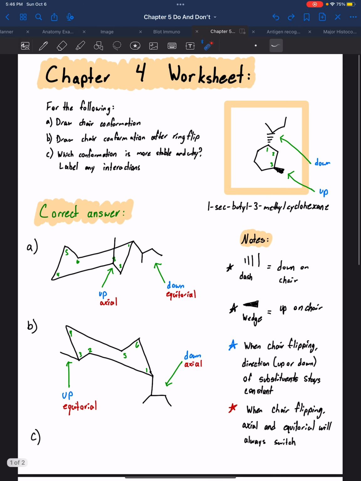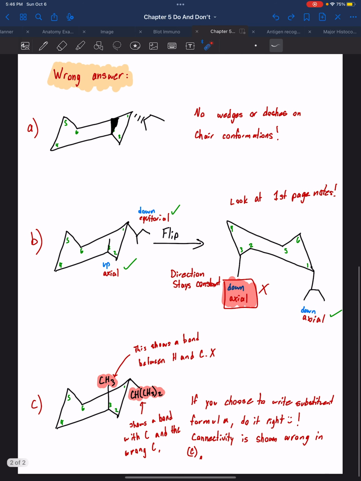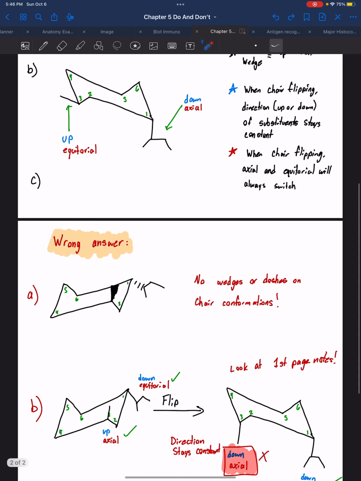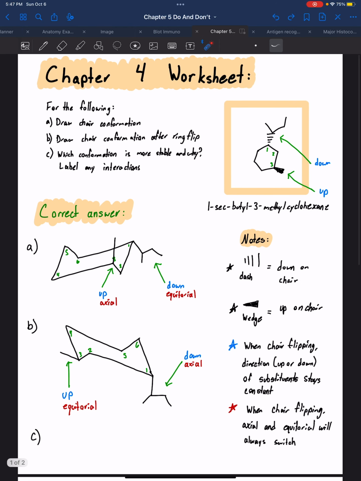Okay, those are all the things that I can remember that we were getting wrong a lot on the quiz. The reason I'm giving you guys this is so that you don't make the same mistakes on the test. I was being very generous when I was grading the quizzes, and I won't be able to do that on the actual exam. That goes for the explanations, because a lot of people said, again, the lacking 1,3 diaxial interactions, but that's not what it is.